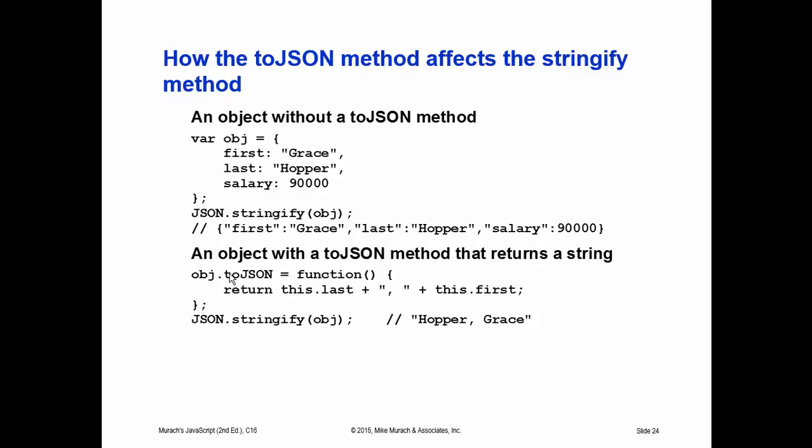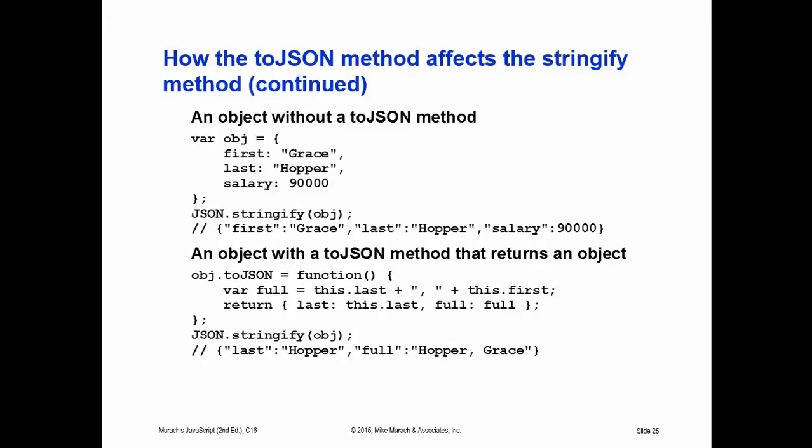Then the object is passed to stringify. As you can see, all three properties appear in the string. Okay. In the second example, a toJSON method is added. This concatenates the value of the last property with the value of the first and excludes the salary.